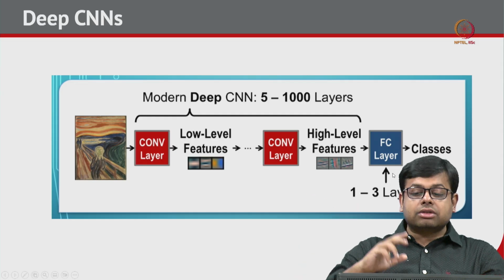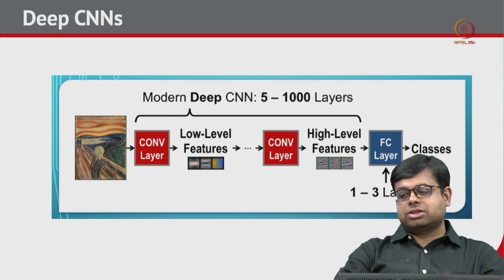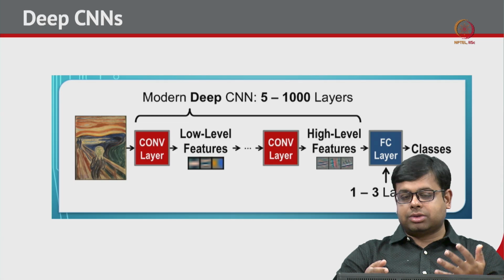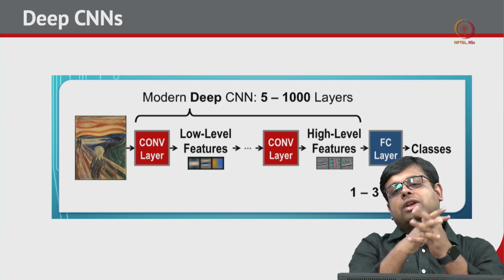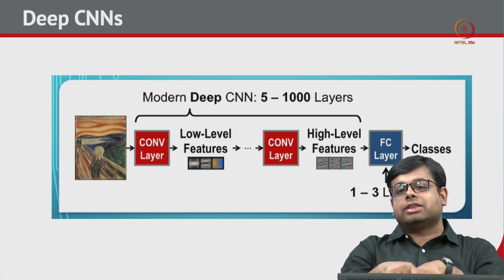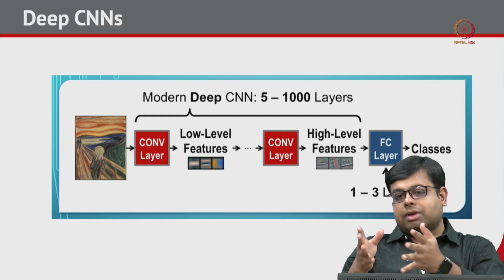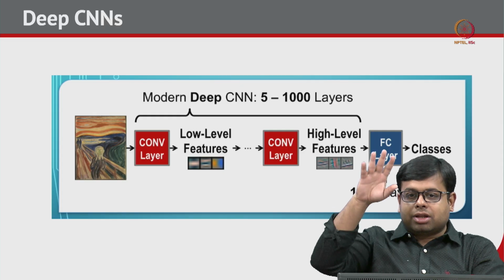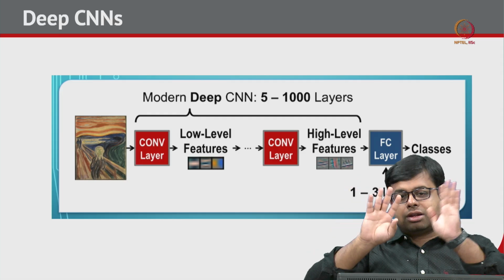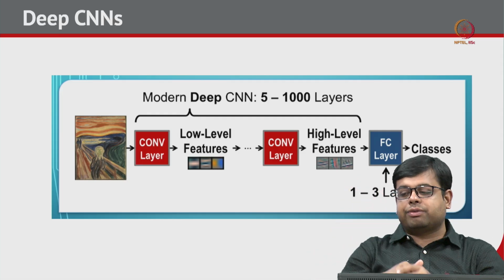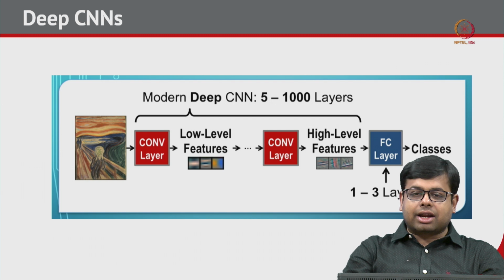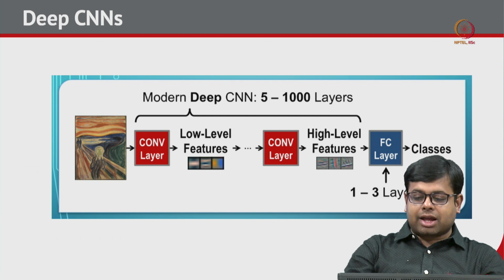After that, it says whether the image is of a human being or a cat or dog. Once we have these high level features, the CNN can say that if there are eyes and nose in this kind of position, then we can categorize it as a human being or some animal.